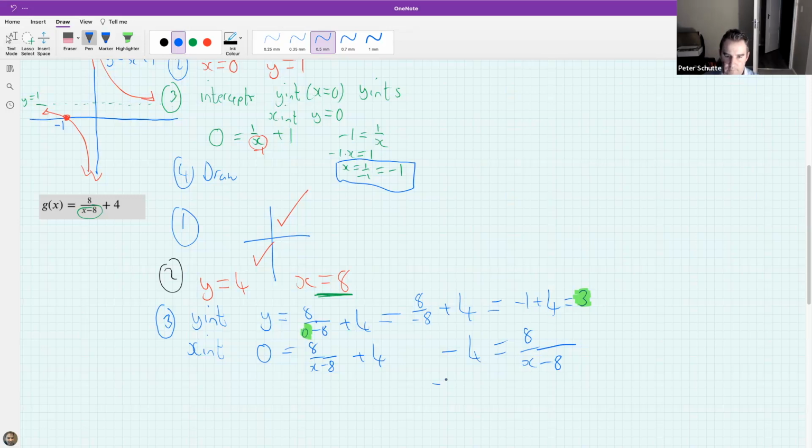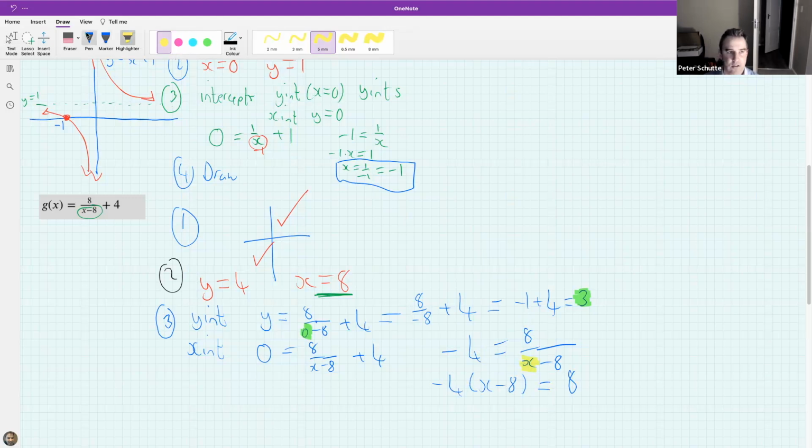Or some of you might be able to spot this: 8 divided by what minus 8 gives me minus 4?